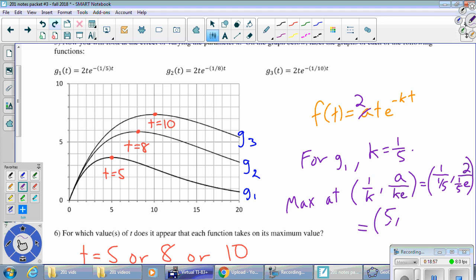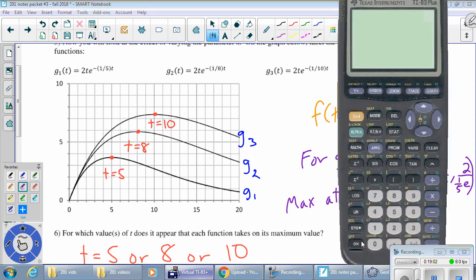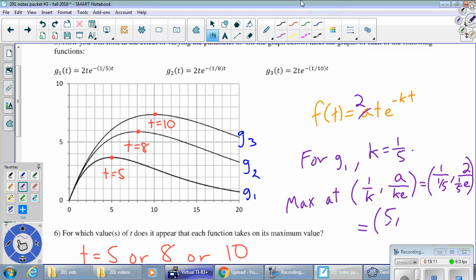Let's type that on the calculator to get a decimal. So 10 divided by e is right here above the division symbol. That's around 3.7. It's roughly 5, 3.7.